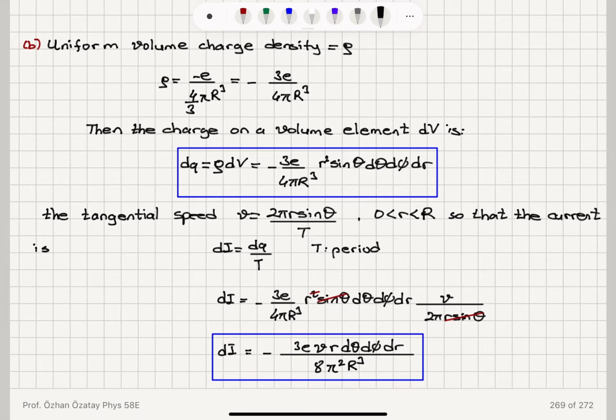Now, what is the area enclosed by this current loop? The perpendicular area that is enclosed by this current loop dI is basically pi times (r sine theta) squared.